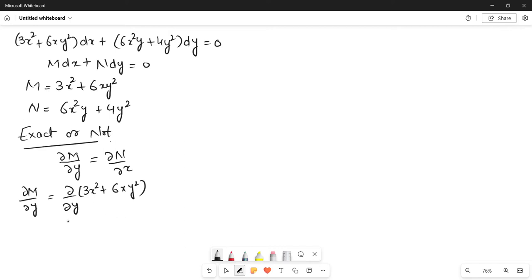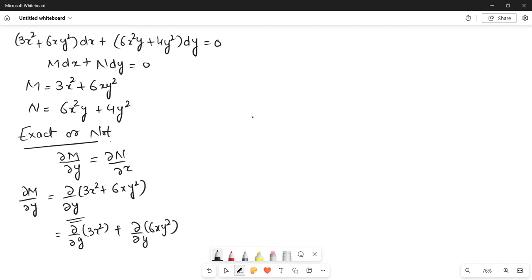Here it is a partial derivative. As we know, if the partial derivative is with respect to y, you will treat x as a constant. If it is with respect to x, you will treat y as a constant. It is distributed as del by del y of 3x squared plus del by del y of 6xy squared.